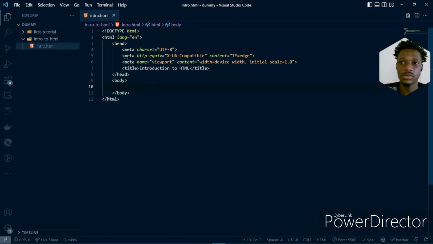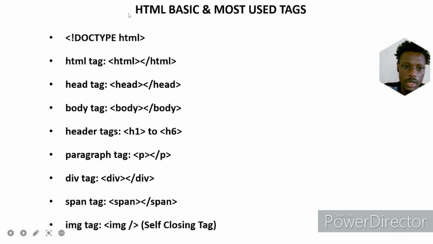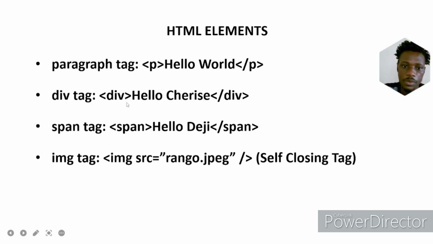Let's say you have a particular topic you want to talk about, so for an introduction we make use of the header tags, and we have 6 of them. For example, let's go back to this. As you can see, the font size for this list here is different from the font size for this particular one.